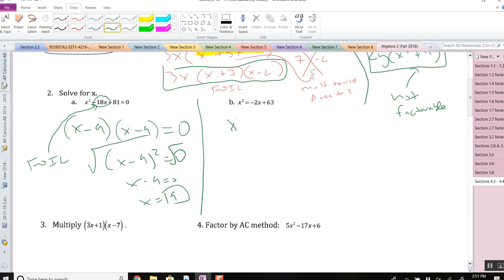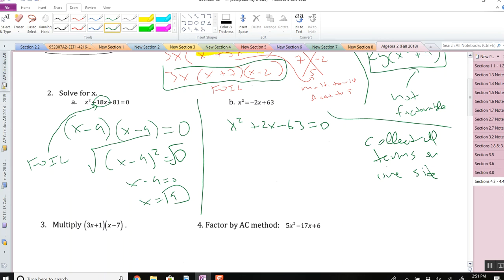Now here, you're going to have to put all terms on one side. So very important. Collect all terms on one side. Why is because when we factor, and we're going to do this little diamond thing that I talked about earlier, you find 2 numbers that multiply to negative 63 and add up to 2.